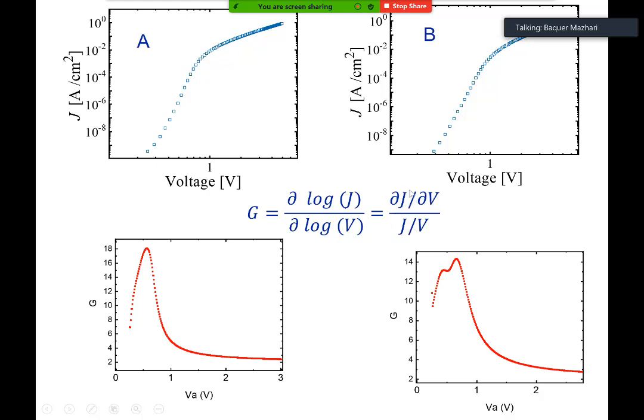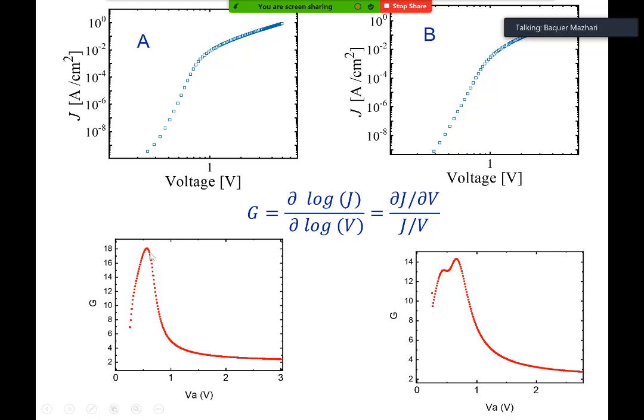Because of the conductance terms, it's a ratio of two conductances. That's why we use the symbol G. So if you take the derivative of the log, this is the signature you get of device A. On the other hand, if you take it for B, you find that there is an additional peak that you see here.